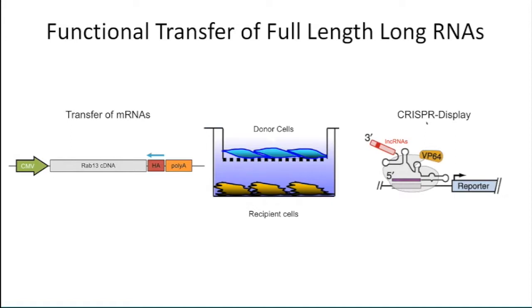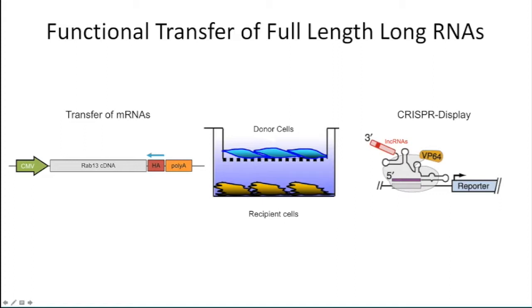I'm going to show you a couple of examples of how we are testing whether long RNAs can functionally transfer, again, using our transwell system from donor cells to recipient cells. The first that I'm going to tell you is where Scott has done experiments, where I showed you that Rab13 was one of the upregulated ones in exosomes. So he created a construct where we put an HA tag on Rab13 and transfected this into the donor cells, and then the idea is to find out whether the recipient cells have the HA tag Rab13.